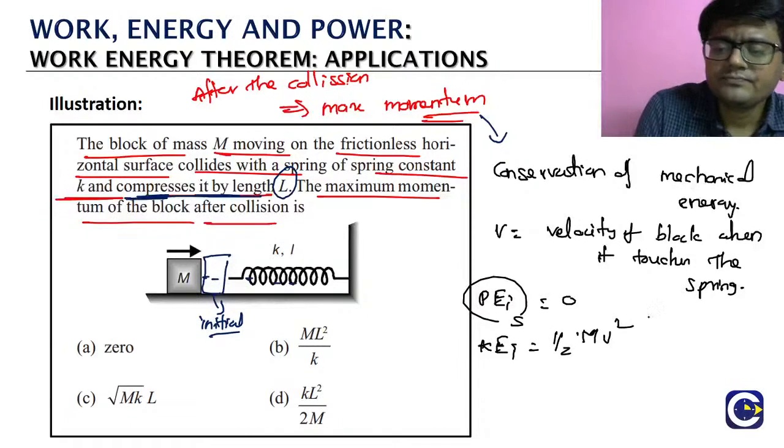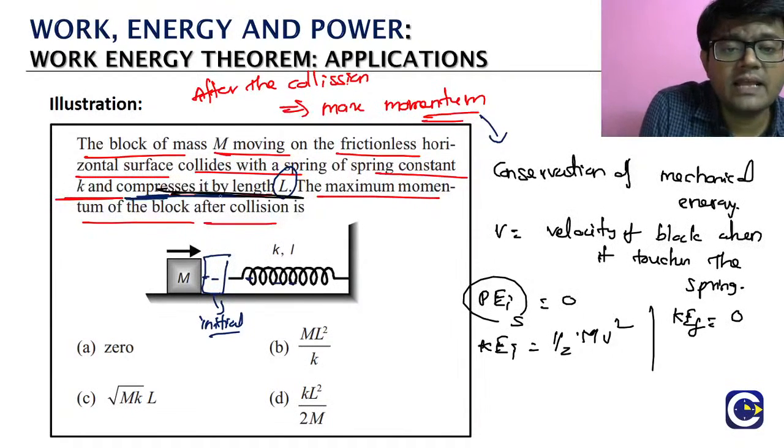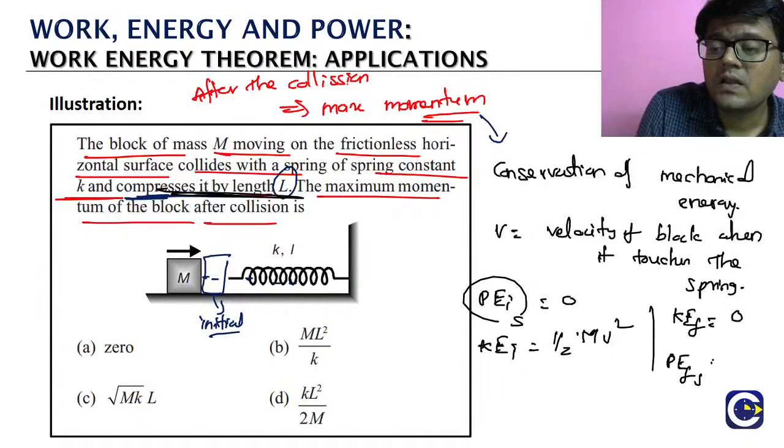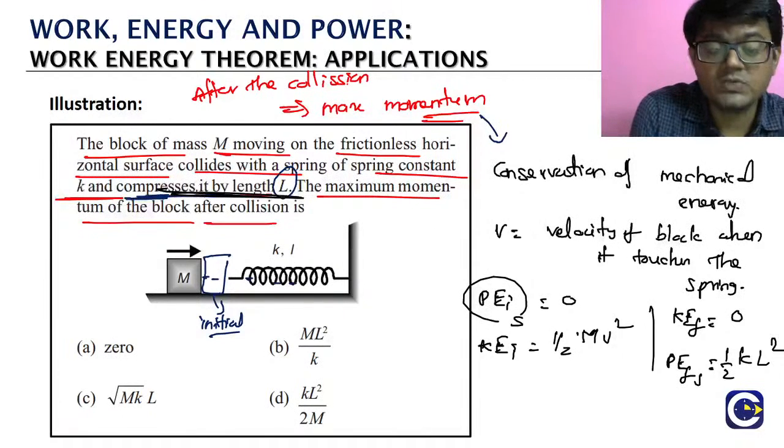Now the final state: the kinetic energy of the block will be 0, because it is at maximum compression. The maximum compression value is capital L, which means the final spring potential energy is half k L squared, because they are giving us the maximum compression of the spring.